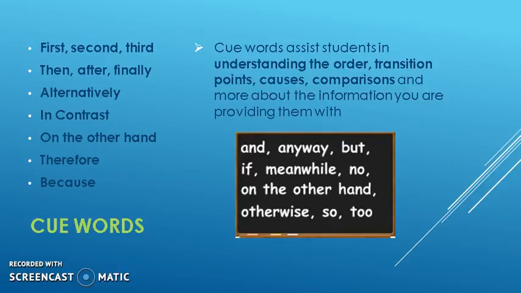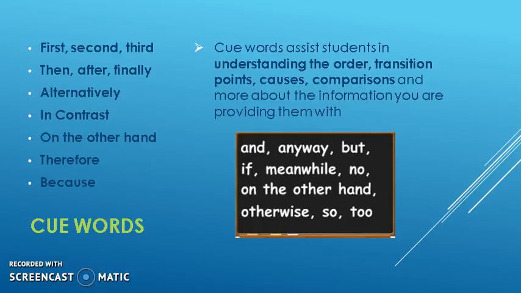And finally, some of the cue words that you will either use yourself or come in contact with in the classroom when you are talking about a subject and you say first, second, or firstly, secondly, thirdly, lastly.